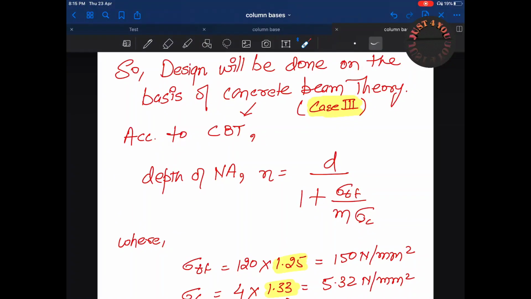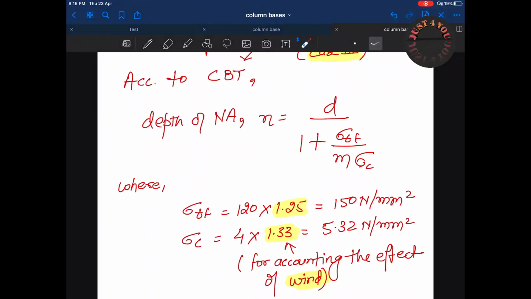Now as per the column beam theory, the depth of neutral axis will be D upon 1 plus sigma_tf by m into sigma_c. Sigma_tf is 120 into 1.25. Here I multiplied it by 1.25 because the moment is due to wind and the stress increases by 25%.